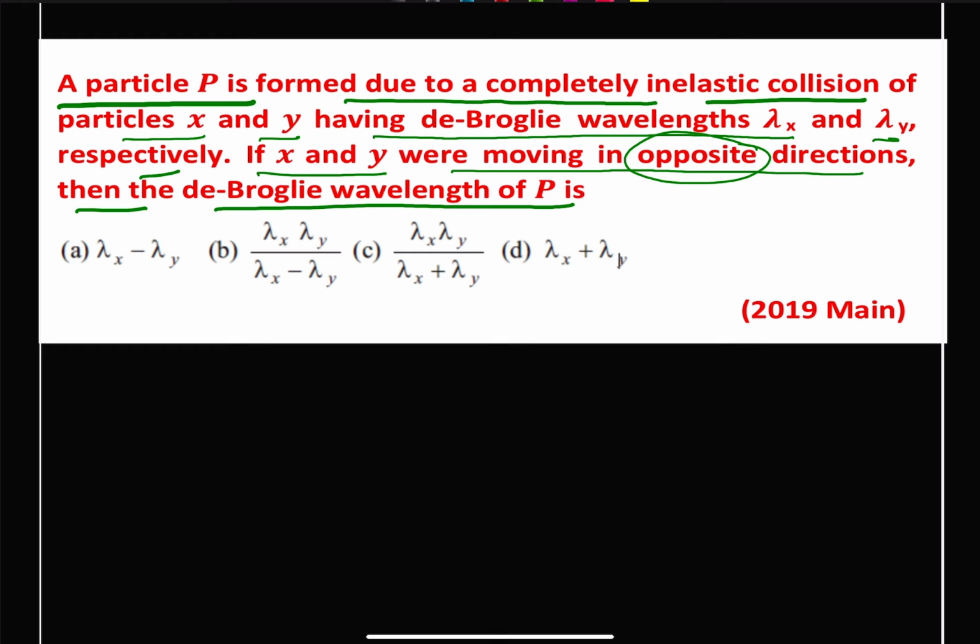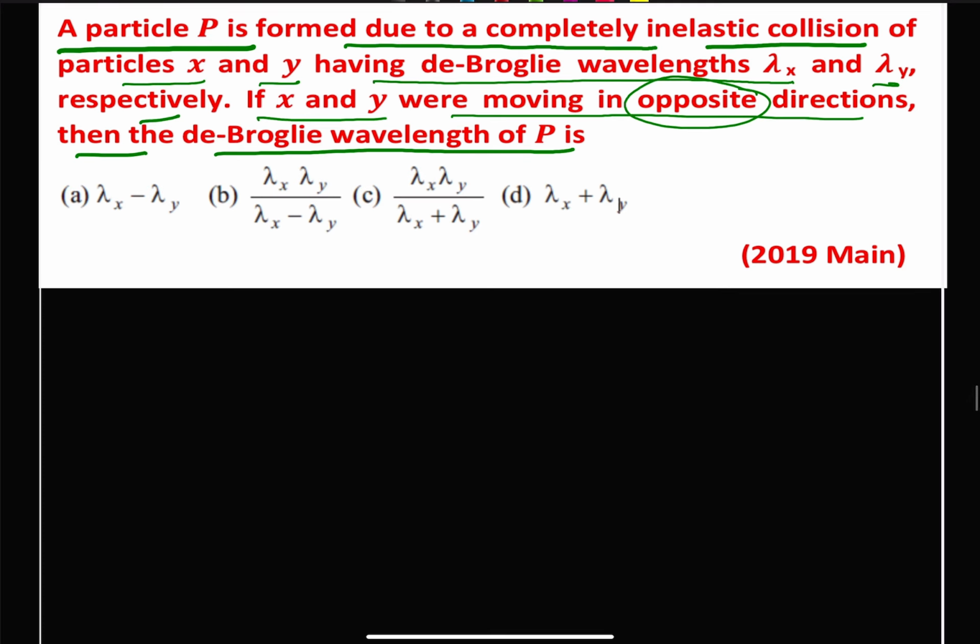So we can use the conservation of momentum, but for that we can use the relationship of de-Broglie wavelength, which is our lambda. It is given as h upon p, which is momentum.